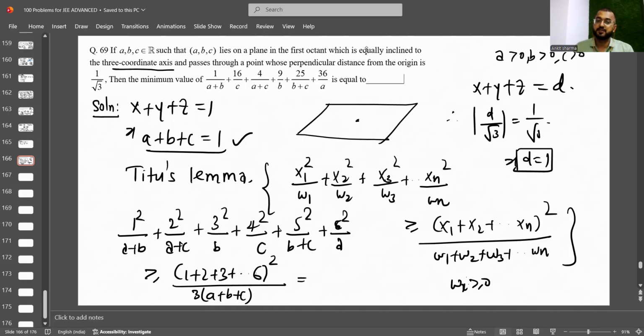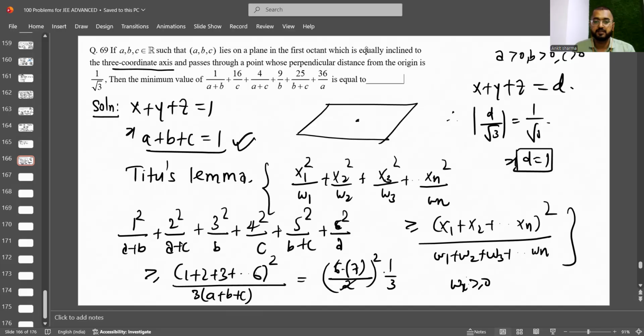Now if I open this, 1 to 6 added gives 6 into 7 by 2, which is 21, the whole square, over 3 times a plus b plus c, and a plus b plus c is 1.